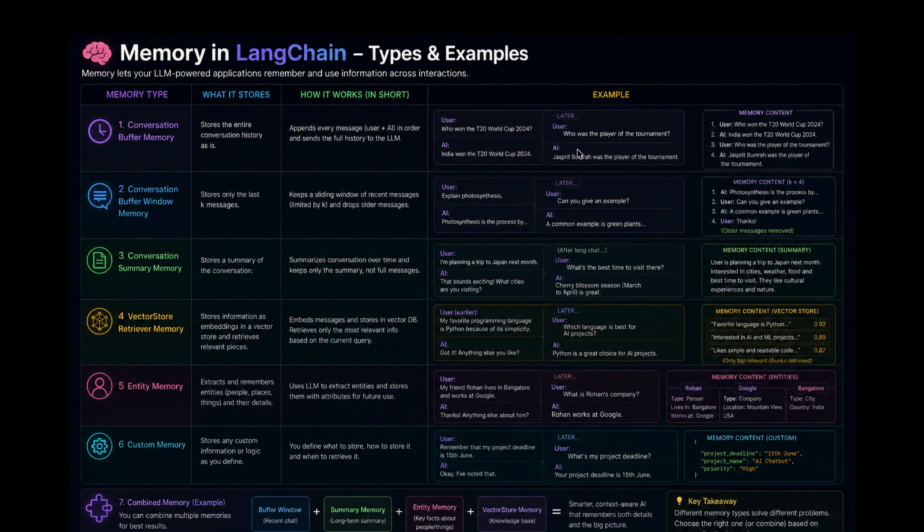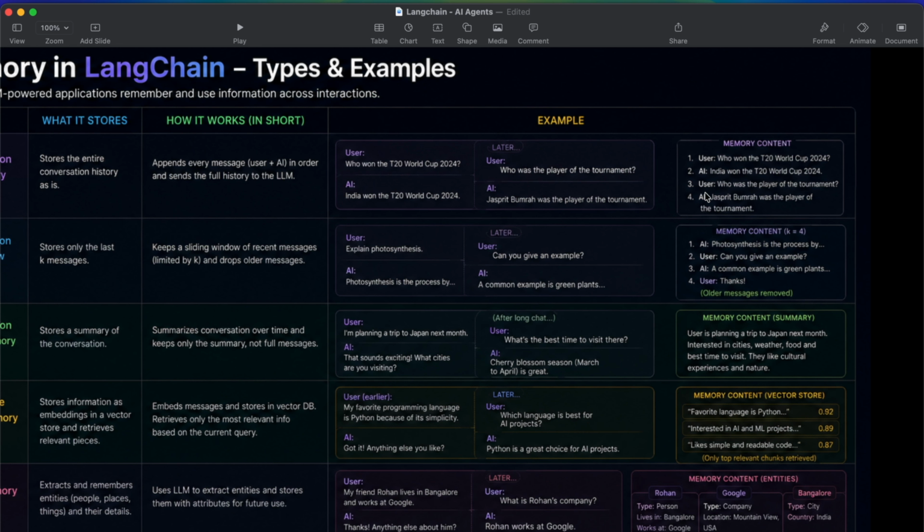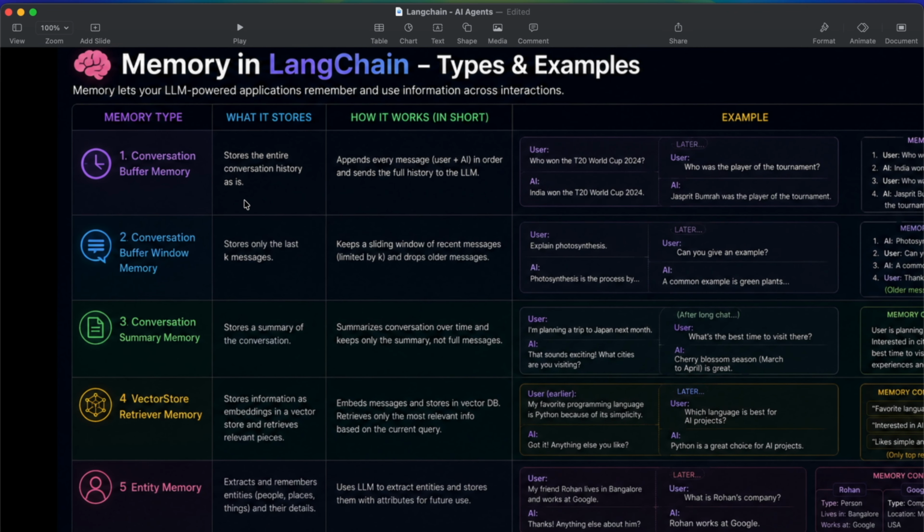Then the user asks about the player of the tournament, and it provides the player name. If you consider how it stores, it remembers the questions asked by the user and the different conversations which happened between the user and the AI, and it provides you that memory. That is nothing but conversation memory.